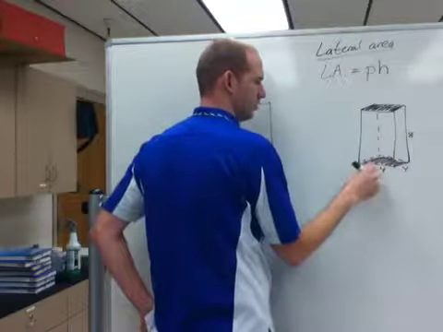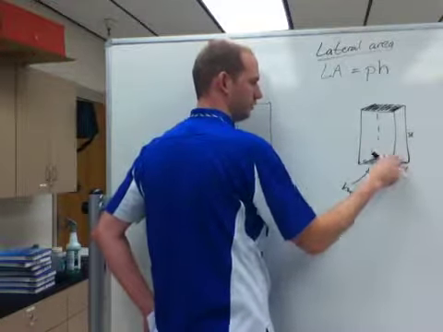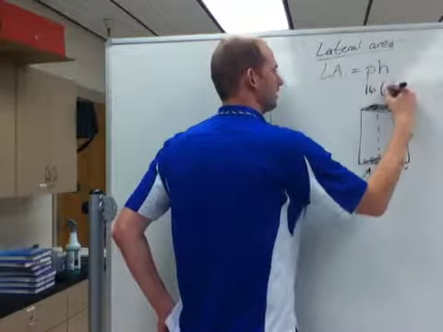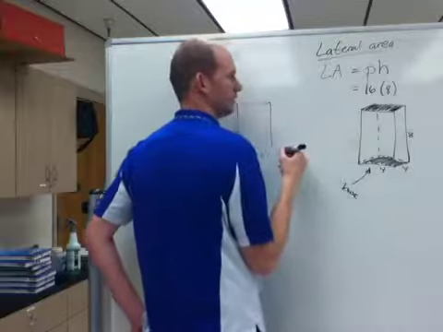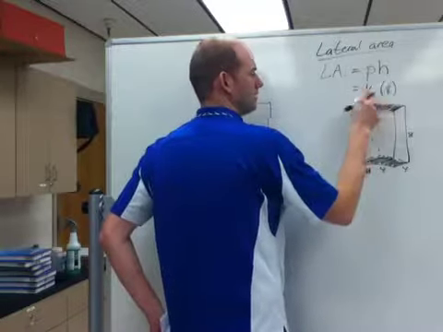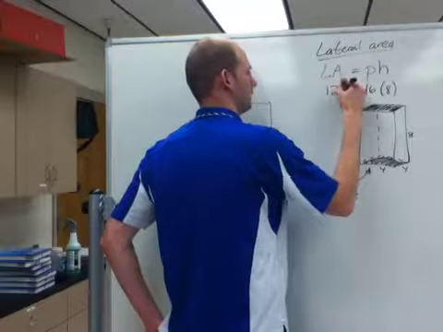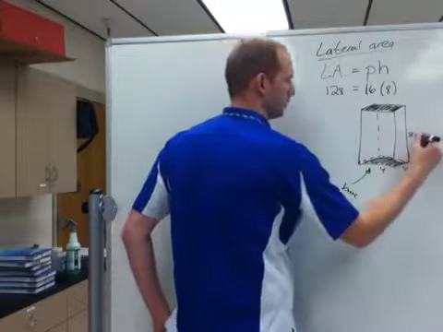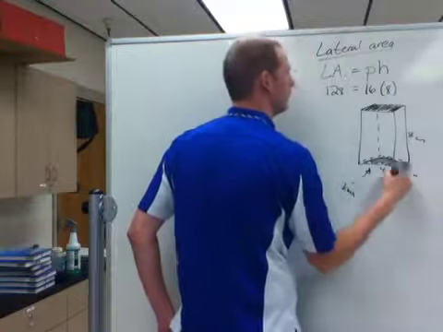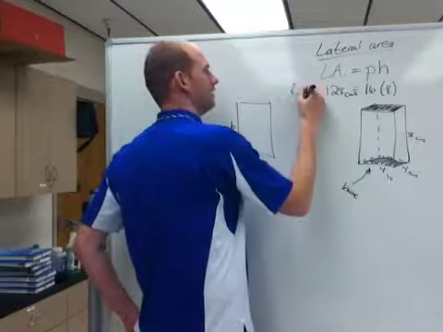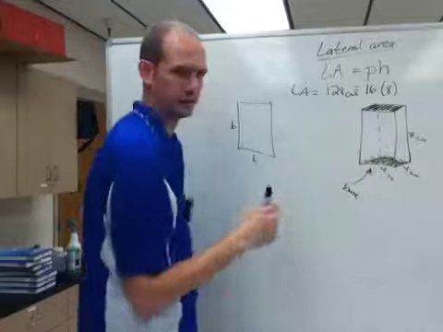So I take 4 plus 4 plus 4 plus 4, which is 16, times the height, which is 8. And that's the lateral area, which means I do 8 times 16, so 6 times 8 is 48, plus 80, so this is 128. And if I had units, let's make them centimeters, this would be centimeters squared. That's my lateral area of this prism.